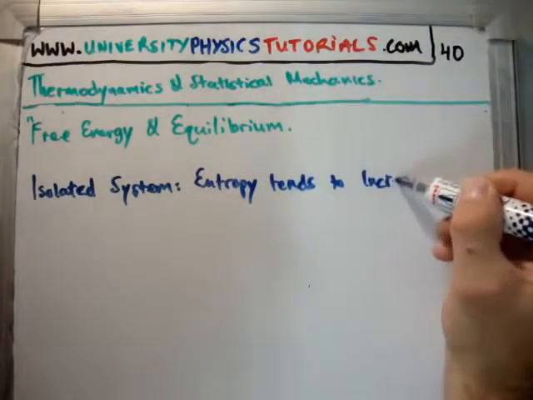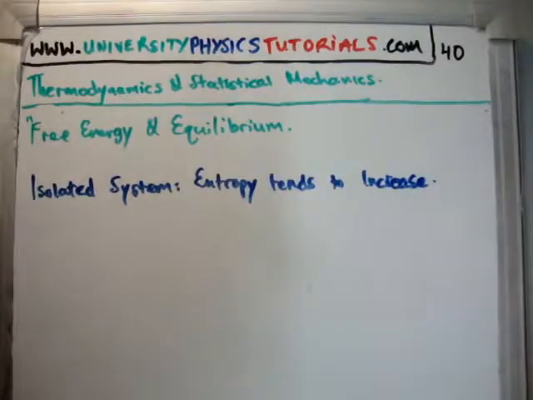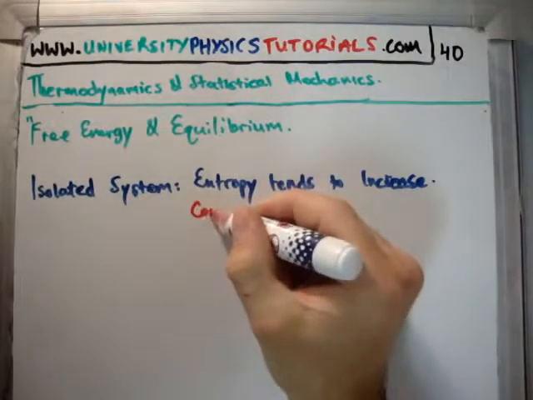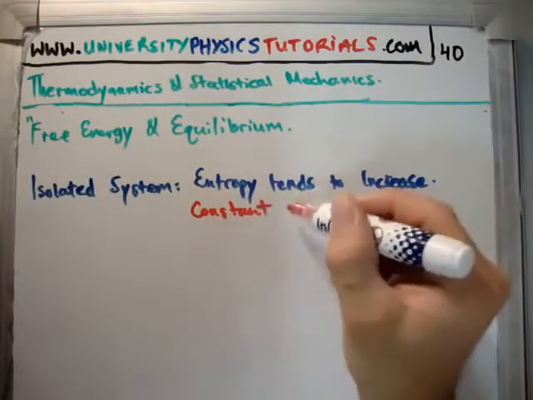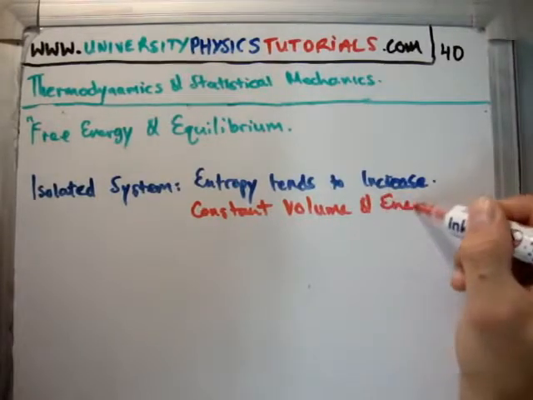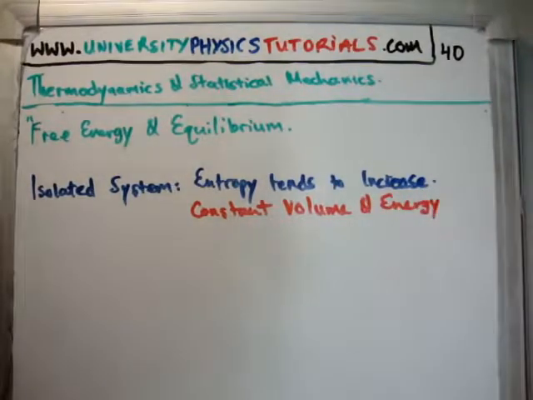Now, there's something which I glossed over when I was talking about the second law, and it's the conditions under which the second law applies. And the conditions are constant volume and constant energy. If you're in an isolated system with constant volume and energy, the entropy will tend to increase.